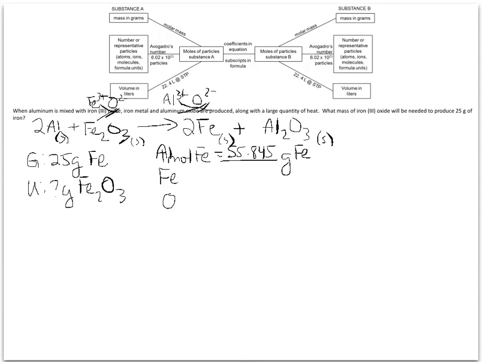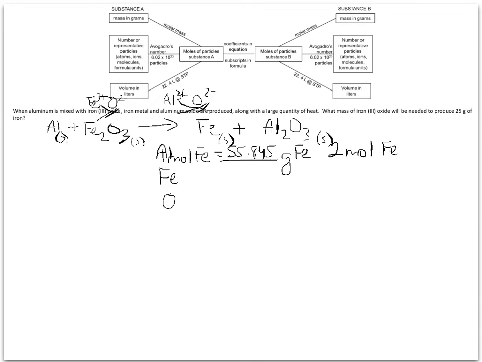Okay, and then to go from moles of iron into moles of iron oxide, we use the coefficients. 2 moles of iron equals 1 mole of iron 3 oxide.